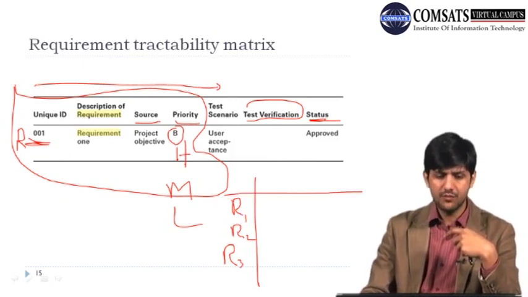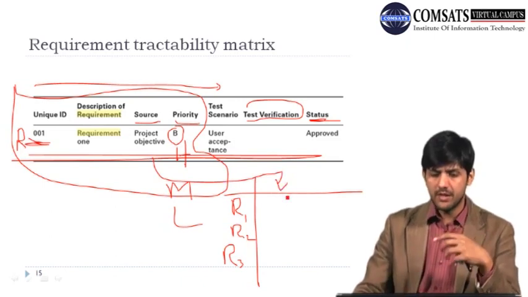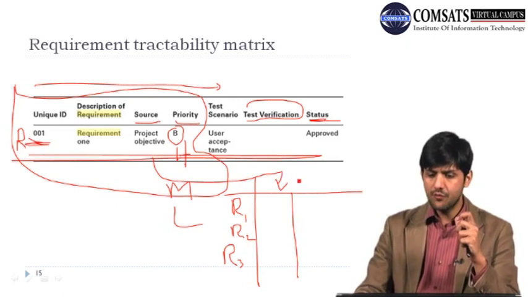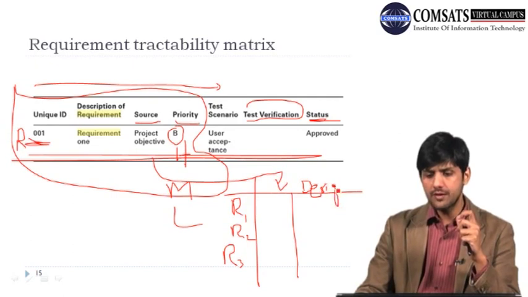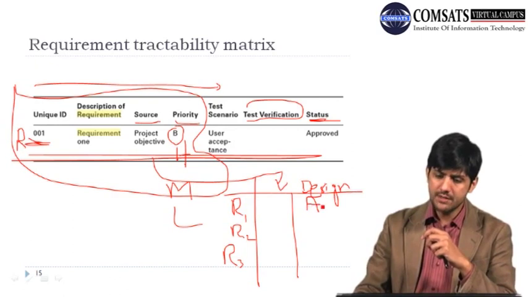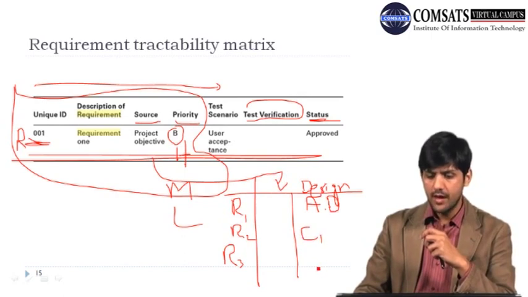We have all this information expressed here, but apart from it, we are also recording which requirement affects which design artifact. So for example, R1 directly affects our architecture design, R2 affects, let's say, class 1, and R3 affects class 2.